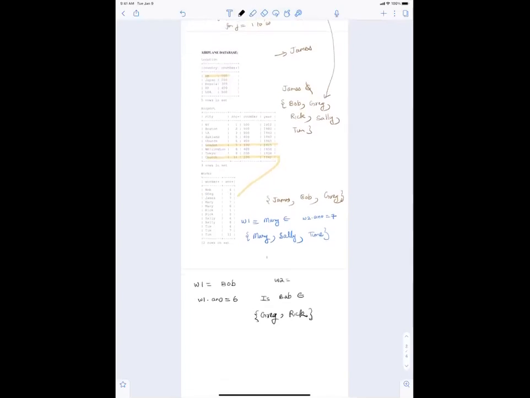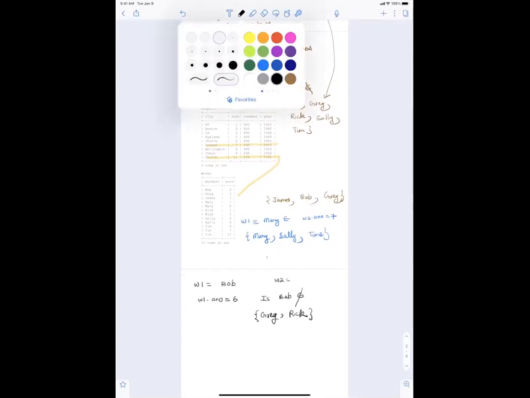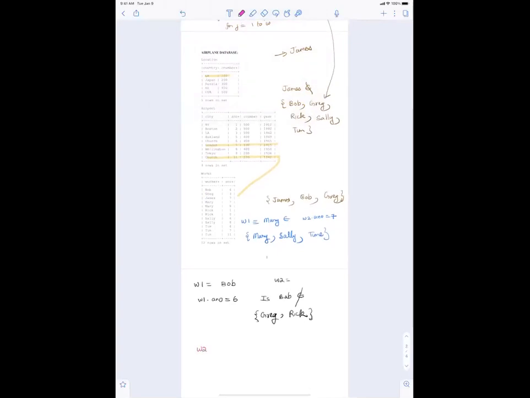So we find that Bob is not an element, so he won't be there in the output. Then you go to the next person, W2 is equal to Greg, and W2.a number is equal to 3. Then you check, is Greg an element of the subset?